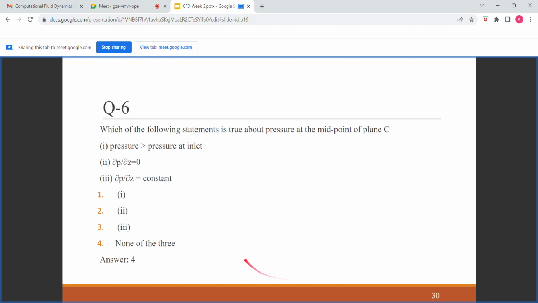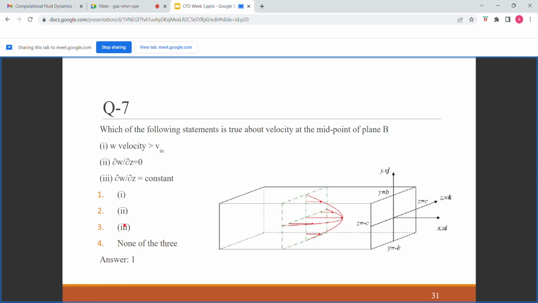So it would be varying, and that's why option 1 is not true, option 2 is not true, option 3 is also not true, none of the 3. That is the correct answer. Which of the following statements is true about velocity at the midpoint of plane B?